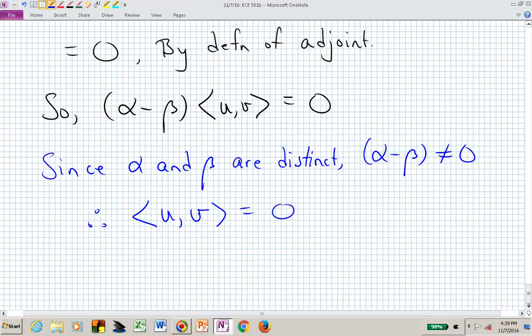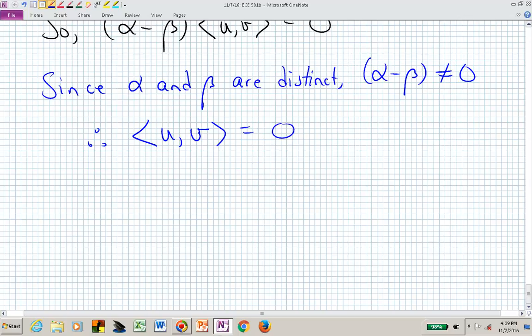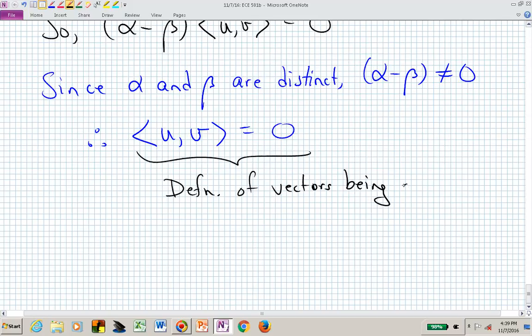And if we have two vectors whose inner product is equal to 0, what does that allow us to say about those two vectors? Those two vectors are orthogonal. And that's what we set out to prove.